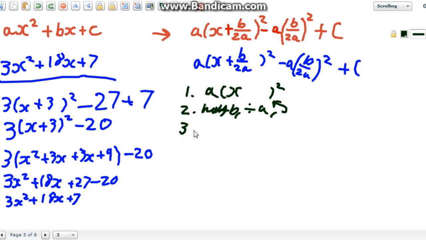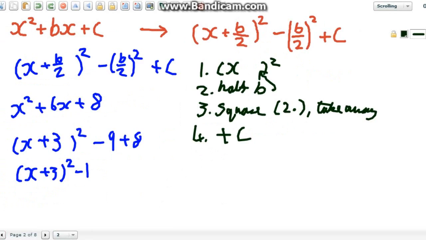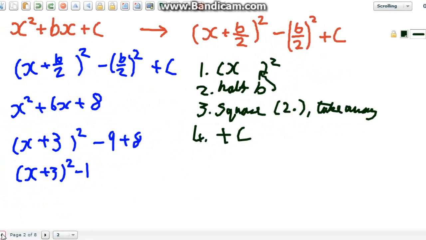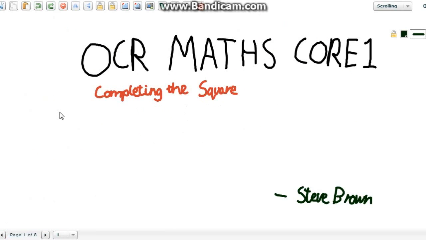Third step is to square that, times it by a, and then take away from the whole thing. And your fourth step is again just to add c. So if you can remember those 4 steps for each of the 2 versions, you'll be flying and you'll have no problem with completing the square.